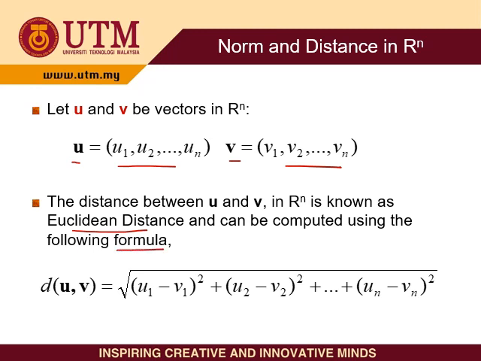So you must remember the formula. So distance UV is equal to this formula: U1 minus V1 squared plus U2 minus V2 squared plus until Un minus Vn squared.